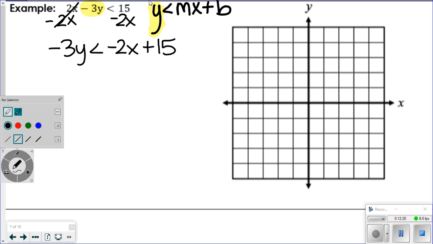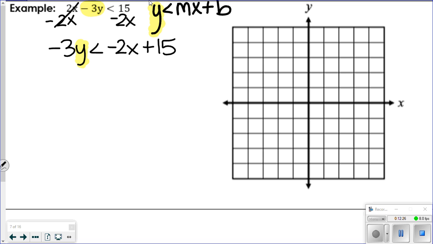And if I look, y is not alone yet. There's a coefficient in front of it. There's a negative 3 out in front. So negative 3 and y are being multiplied. So the opposite is to divide by negative 3. Whatever we do to one side, we have to do to the other. And our notes just said if we divide by a negative, we flip our inequality sign.